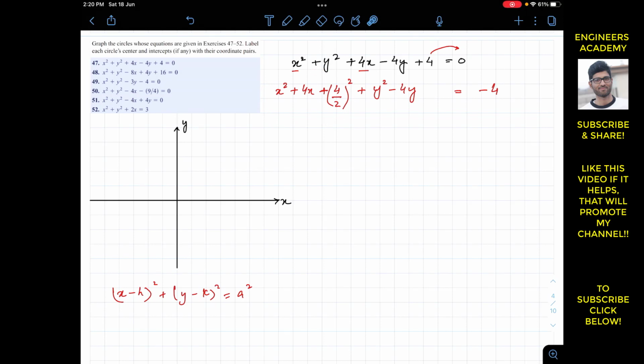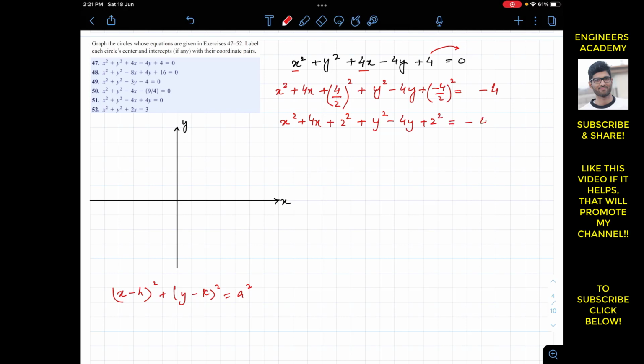Similarly, for y, the coefficient is minus 4, so we write minus 4 divided by 2, and then take the square. This is 4 divided by 2, so 2 square, and this is minus 2 square, which becomes plus 2 square. So we have x square plus 4x plus 2 square plus y square minus 4y plus 2 square.